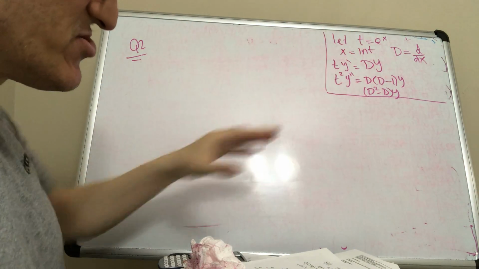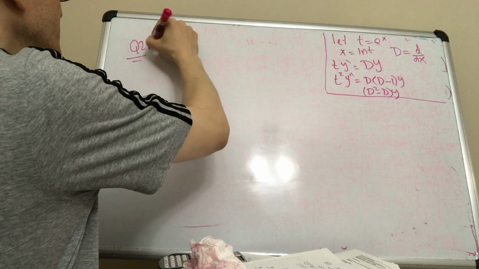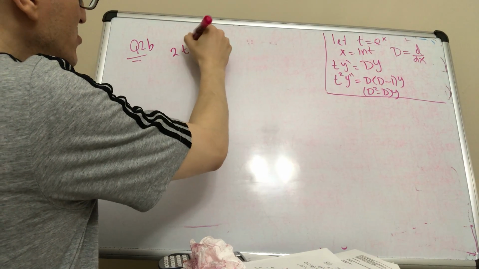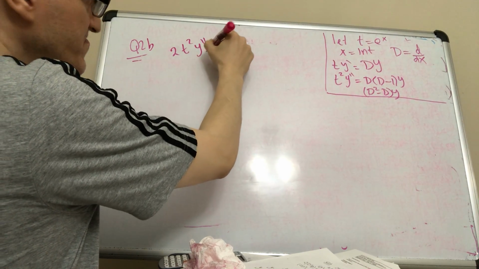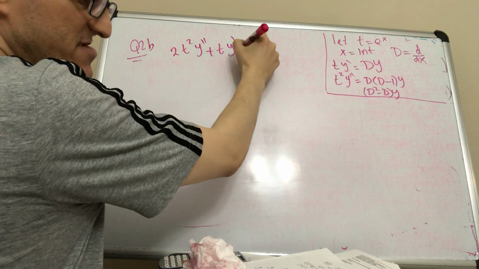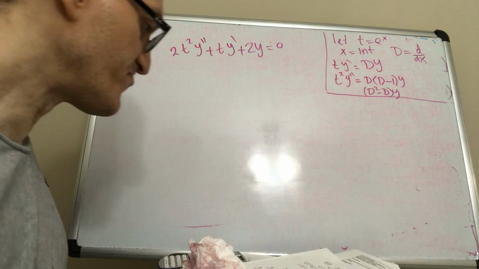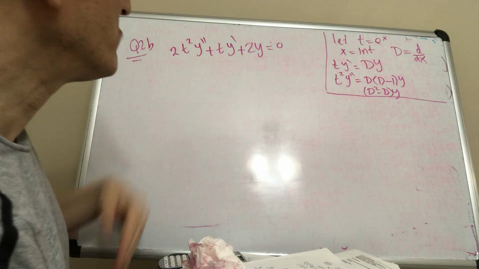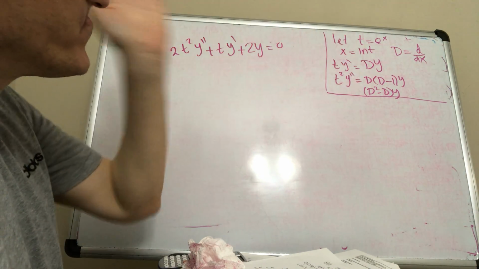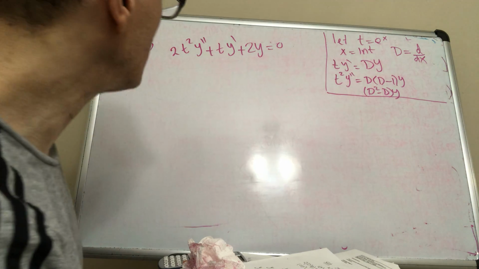Now we're going to follow the same structure. So 2t squared y double prime plus t y prime plus 2y equals 0. And you write this down. We're always going to write this down.